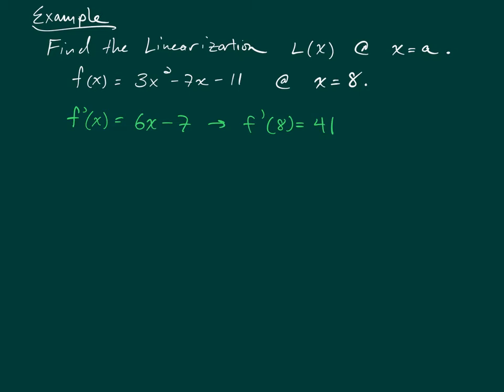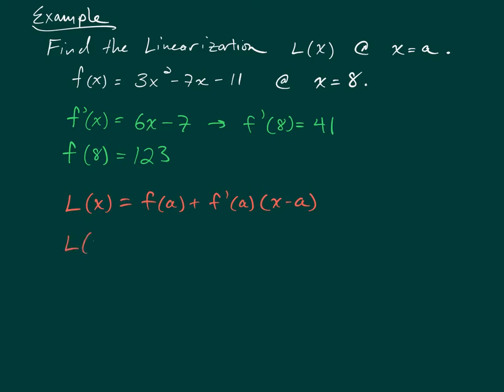We also need to find out what f of 8 is. And when you substitute 8 in for this x and this x, you will get 123. So now that we have all of that, we can start substituting in everything that we know. So L of x equals, what was it? f of a plus f prime of a times x minus a.